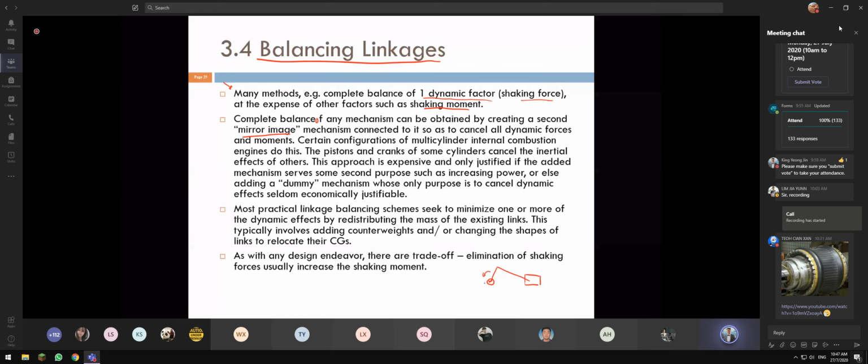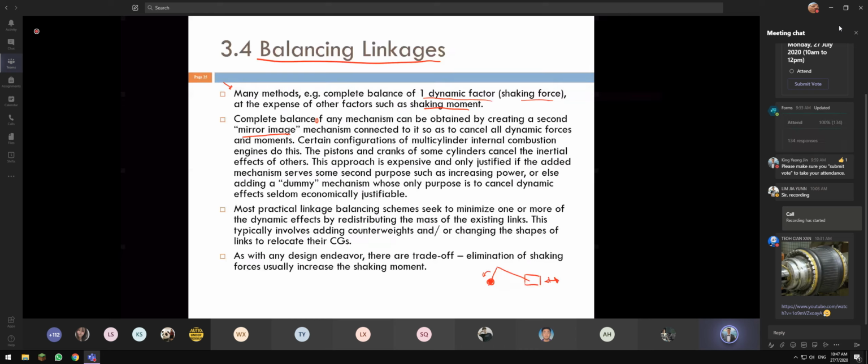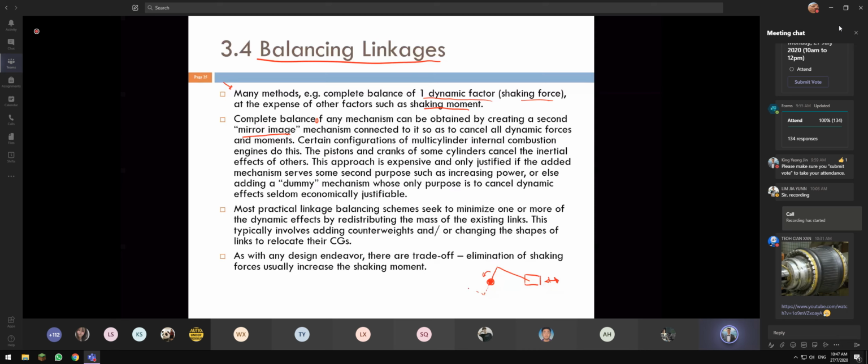When this starts to turn and this starts to move back and forth, at this O2 point you get the shaking force. So what you can do is put the exact linkage on the mirror side. You put another one, same mass, same linkage. So when it starts to move, it will always counter.